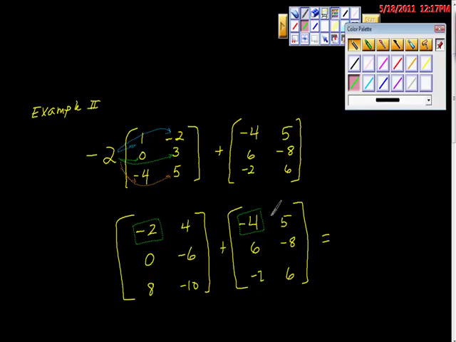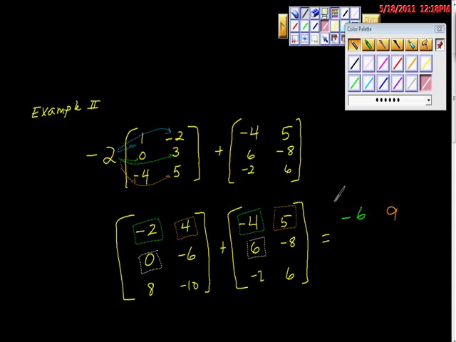Negative 2 plus negative 4 is negative 6, isn't it? And then I'm going to add these places together, this place and this place, right? And 4 plus 5 is 9. And I'm just going to continue that process. You don't need to hear me talk through it, but this one and this one are in the same position, aren't they?